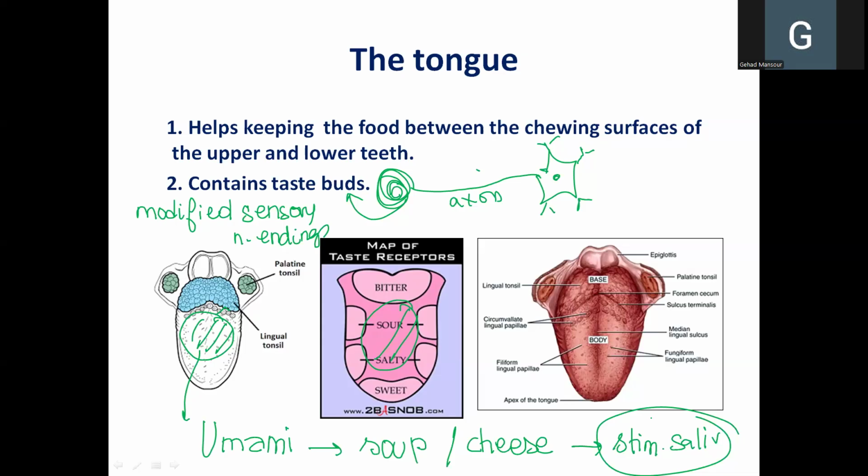And that's why people like proteins or meat and cheese in general, because when something stimulates your salivary secretion, it makes you feel the taste more. And that's why most of us like eating soup or cheese, and proteins like meat and chicken.